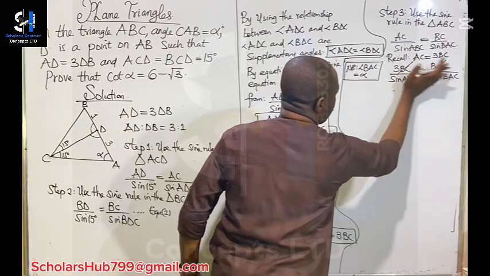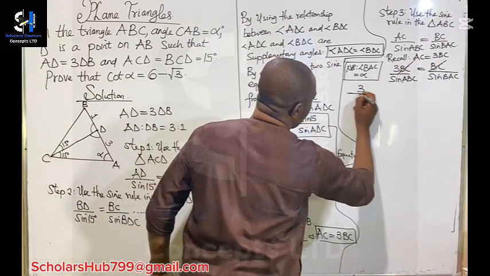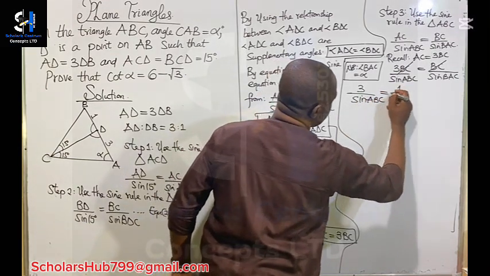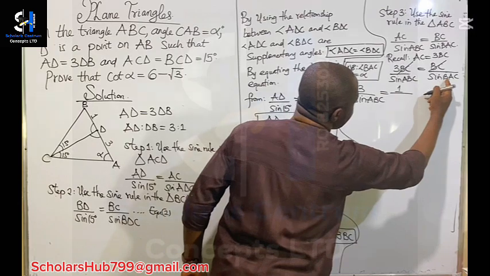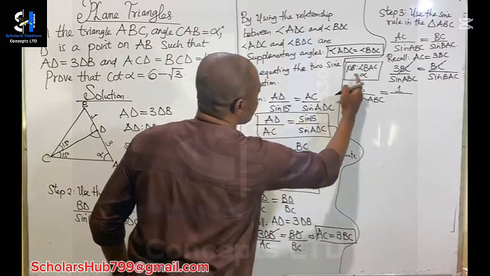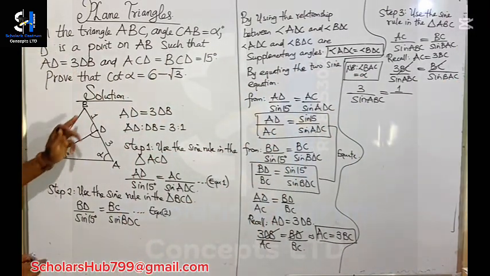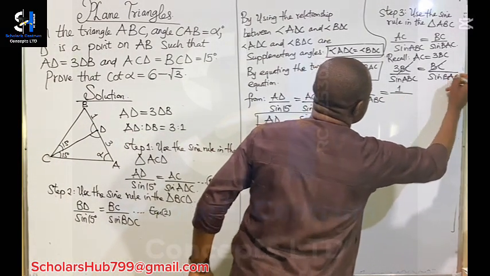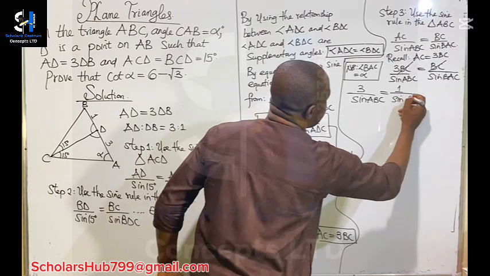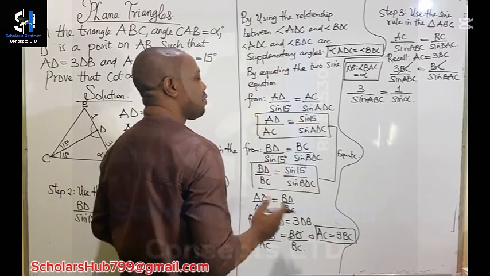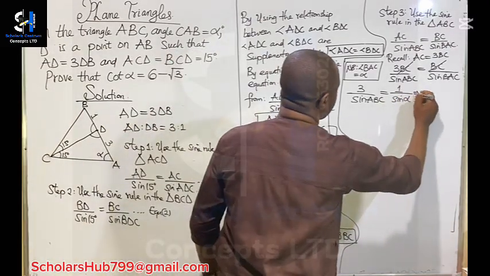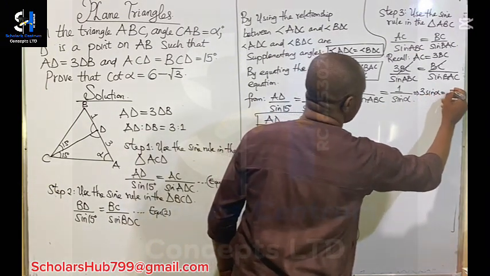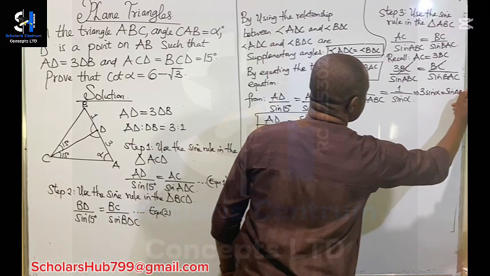So from here we have 3 over sine ABC equals 1 over sine BAC, and we know that BAC is alpha, so that means we have sine alpha. Now we can cross multiply. If we cross multiply, we're going to have 3 sine alpha equals sine ABC.